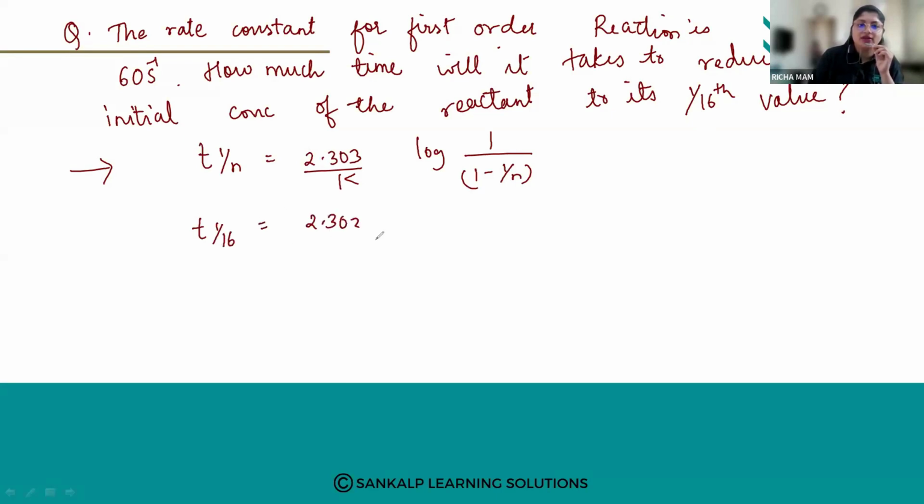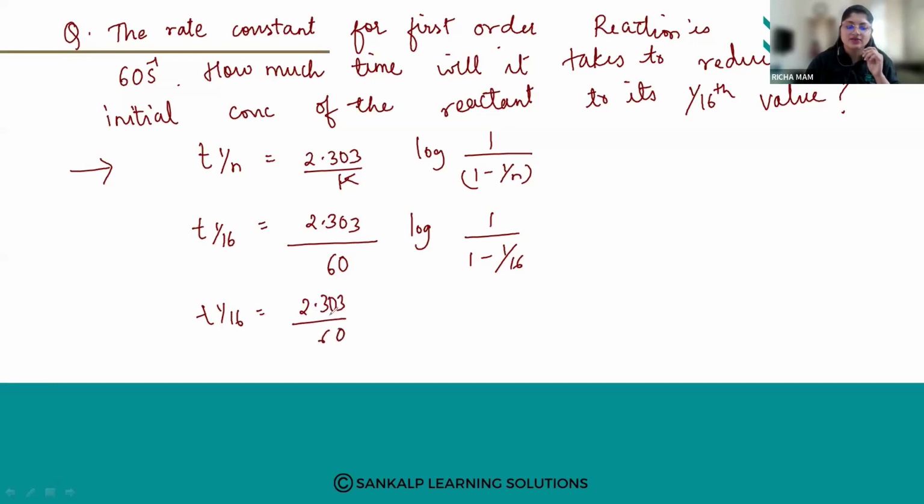That is 2.303 by k, where the rate constant for the first order reaction is 60 per second, then log of 1 by (1 minus 1/16). Solve and see how much you are getting.